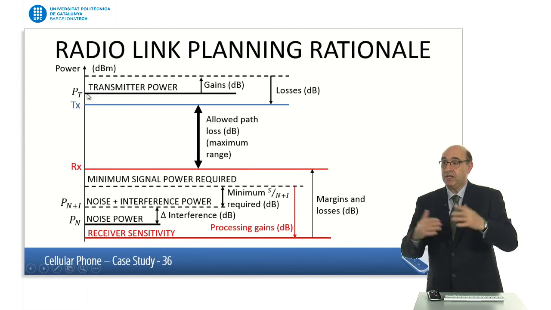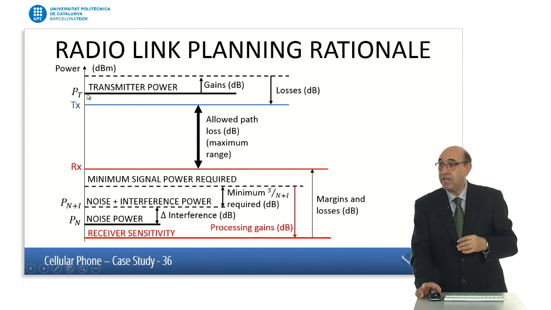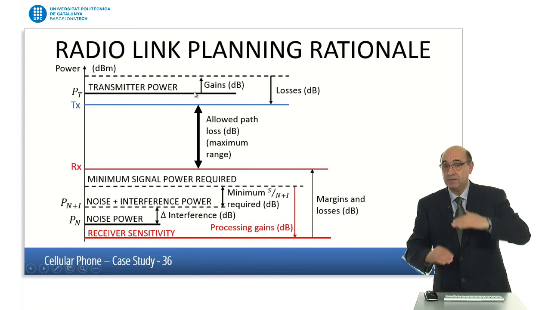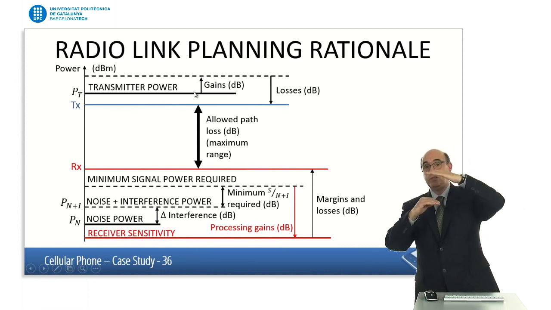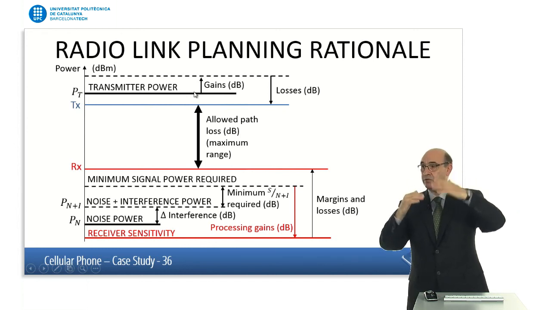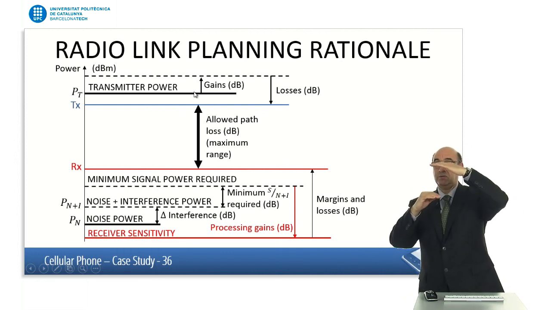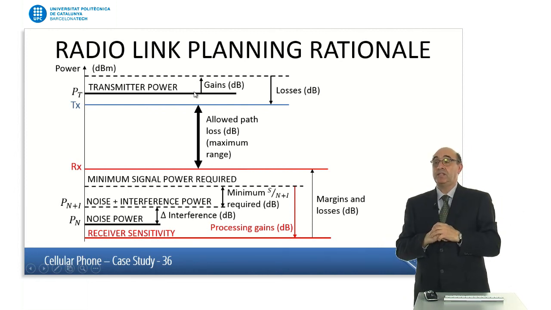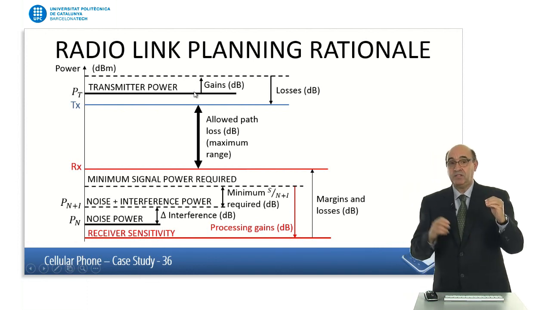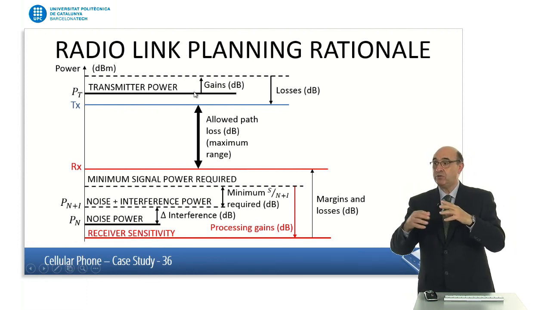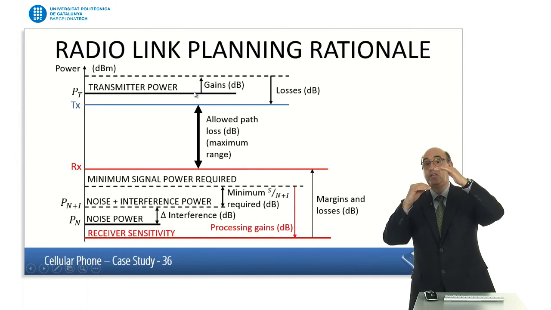If we have antennas, and they have some gain, that means that this power level will be increased by the gain. In fact, we move from the transmitted power to the equivalent isotropic radiated power or some other form. So really here we have a gain, so this increases our power. But if between the transmitter and the antenna we have cables, connectors, things, then we may have a loss.